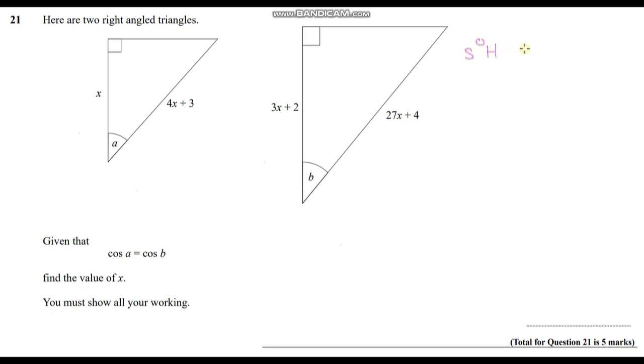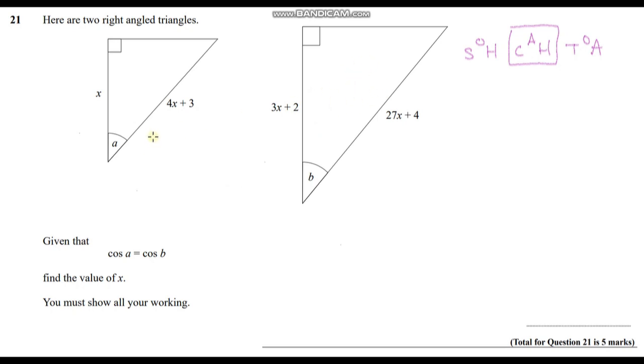So if we think about SOHCAHTOA, what is the definition of cos? Well, cos is the adjacent divided by the hypotenuse. So we're going to focus on this trig function. Whenever we divide the adjacent by the hypotenuse in both triangles, we get the same value. So the adjacent divided by the hypotenuse in this triangle is equal to the adjacent divided by the hypotenuse in this triangle.